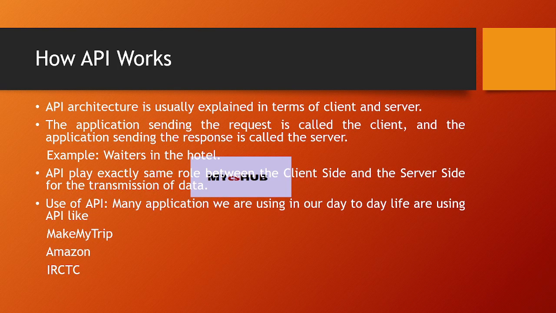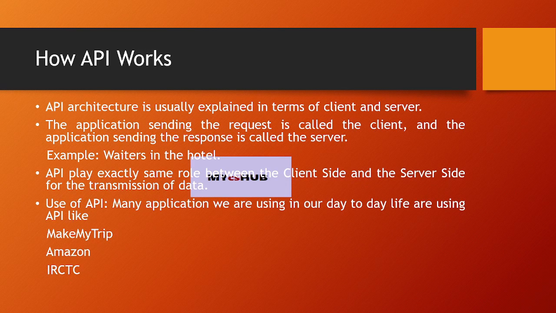The staff prepare the order, and with the help of the waiter again, they serve you the order. So you don't directly go to the kitchen staff and ask them to prepare the order. The waiter plays the bridge between you and the kitchen staff. So exactly, an API plays the role between the client and server side.